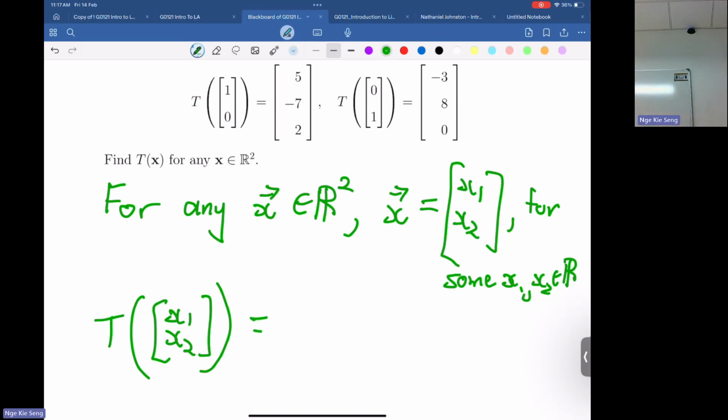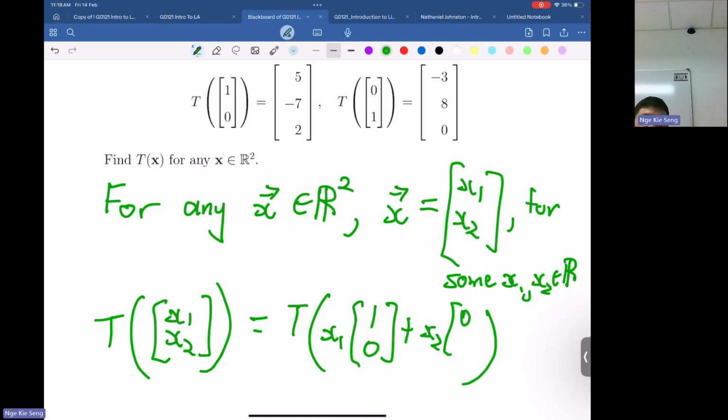What's the connection between (x1, x2) and (1, 0), (0, 1)? What's the keyword here? Linear combination. Can you write (x1, x2) as a linear combination of (1, 0) and (0, 1)? x1 times (1, 0) plus x2 times (0, 1).